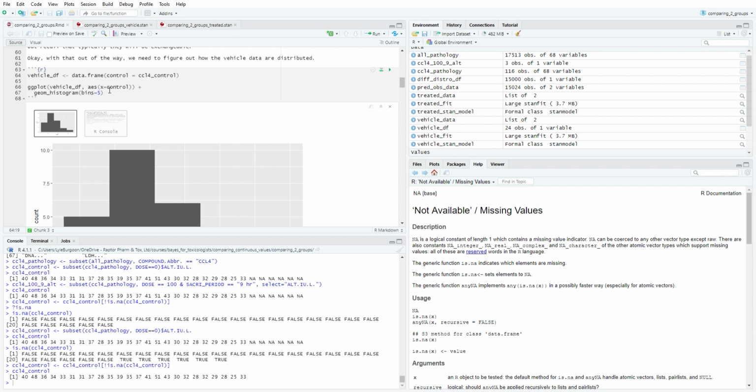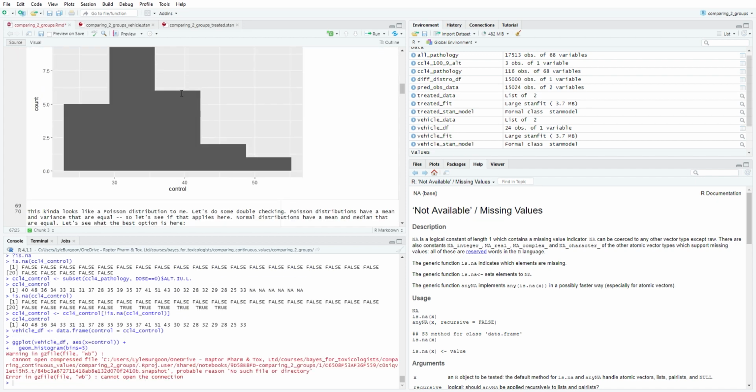Okay, so ggplot is taking in the vehicle DF object. AES is aesthetics, so how you want things to look. X is, because we're going to be doing histograms, going to be this control column right here within the data frame vehicle DF. Because I want a histogram, I got to tell it I want histograms. And then you can play around with the number of bins in order to get the prettiness that you want.